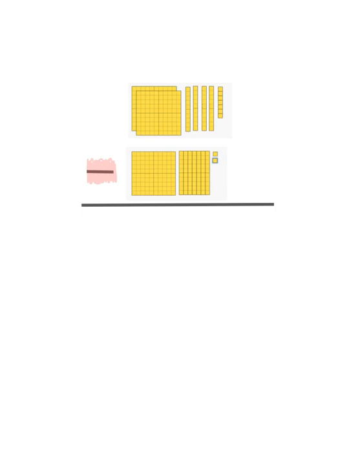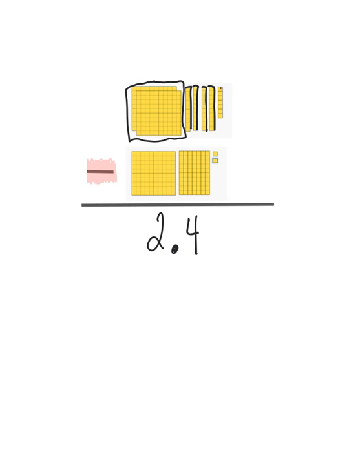I can see 2 wholes here, because we've got 2 flats kind of stacked one on top of the other, and 1/10, 2/10, 3/10, 4/10, and then 1/100, 200ths, 300ths, 400ths, 500ths, 600ths, 700ths.